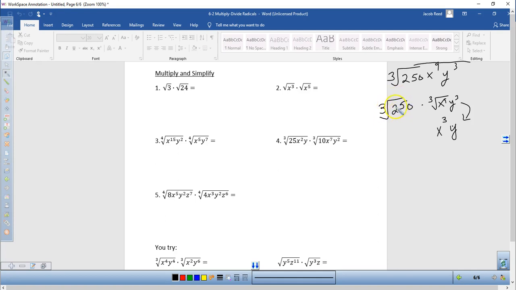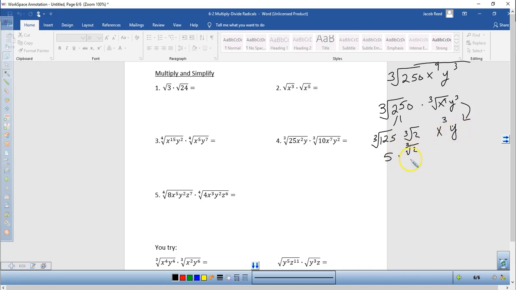Here, I've got to deal with numbers. I need to know a cube root that goes into 250. That's what that list is up there. I can't scroll up because of this Mobi pad. But looking at that list, I do know that this can be the cube root of 125 and the cube root of 2, because 125 times 2 is 250. Cube root of 125, that's 5. Nothing I can do with the cube root of 2.